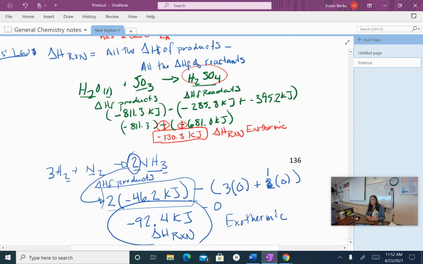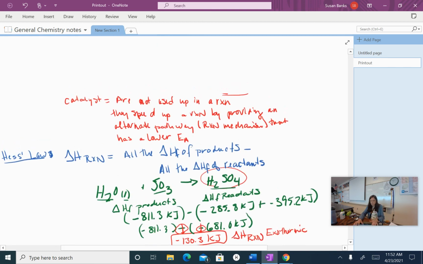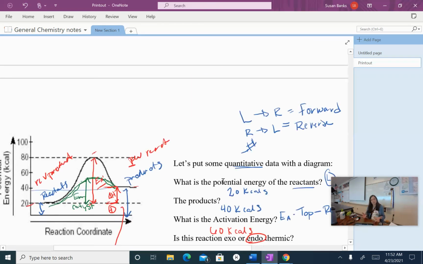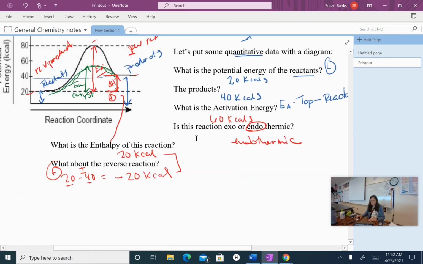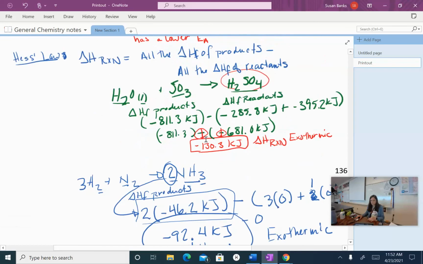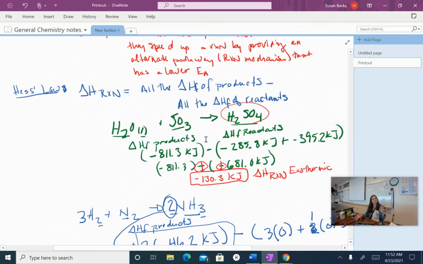We can also do this just by an energy diagram, like the ones up top here, okay? So if you don't have an energy diagram and you just have the balanced chemical equation, you can use the heats of formation tables as well, using Hess's law. So there's 2 different ways of how to calculate the energy change in a reaction.